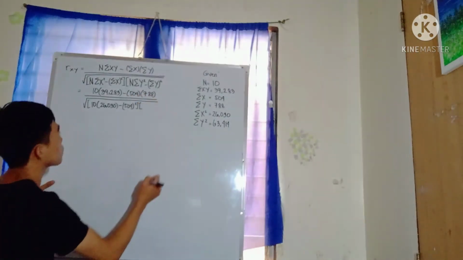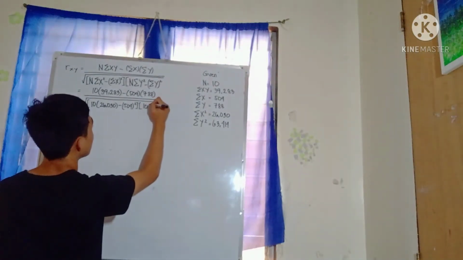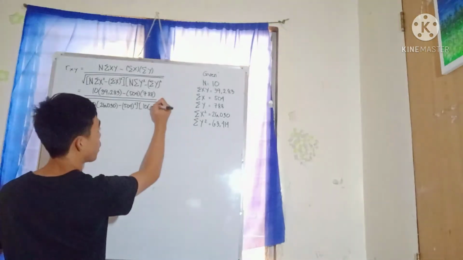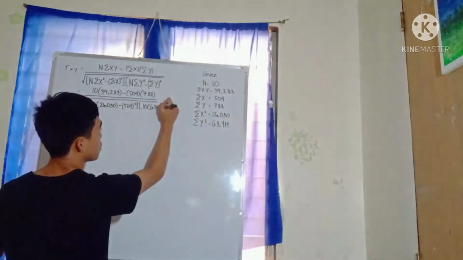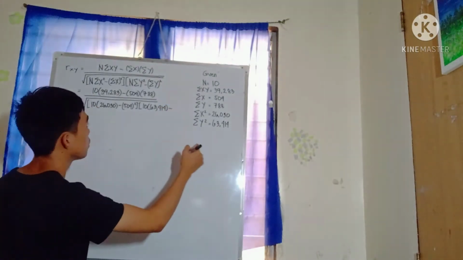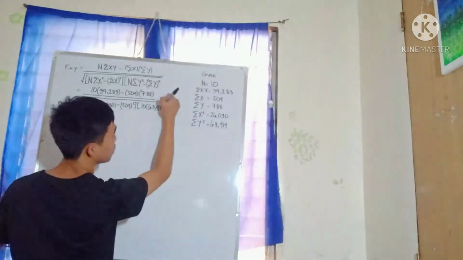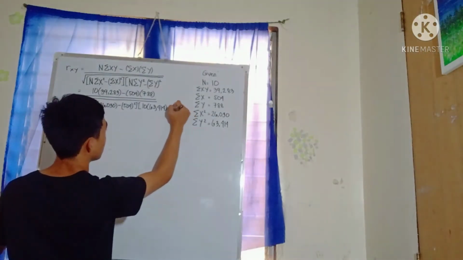Then 10 times summation of y squared, 63,414, minus summation of y, 788, to the power of 2.